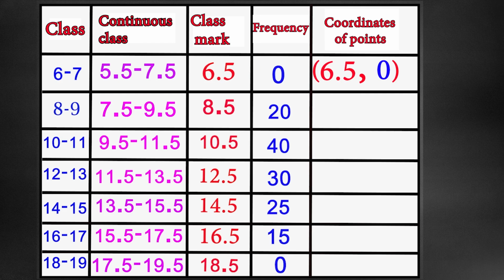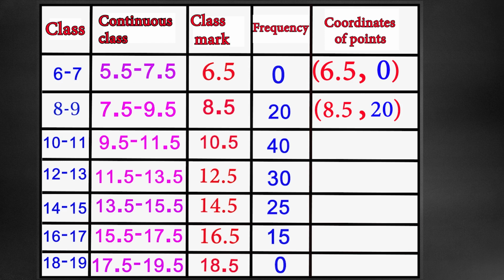The second row class 8 to 9, continuous class 7.5 to 9.5, class mark is 8.5, frequency is 20 and coordinates of point is 8.5 and 20.